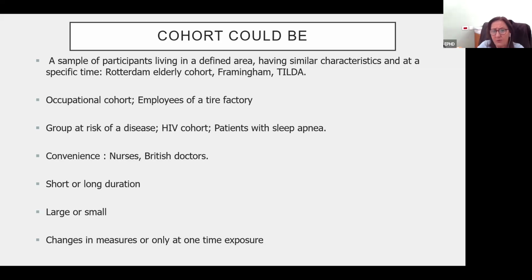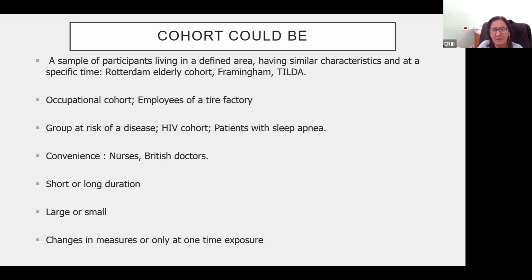So the cohort could be a sample of a very defined area. Of course, the most important one that we know about, and one of the first big cohorts, is the Framingham cohort. Framingham is a city. Rotterdam, an elderly cohort. TILDA is in Ireland, also a longitudinal cohort for older adults.